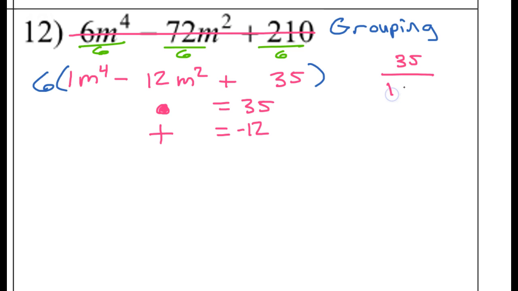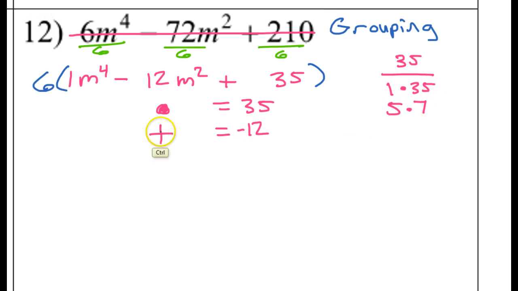Starting with 1. So 1 times 35 and 5 times 7. I feel like I'm leaving something out. Maybe that's it. Well, which pair of numbers can give me a sum of negative 12?